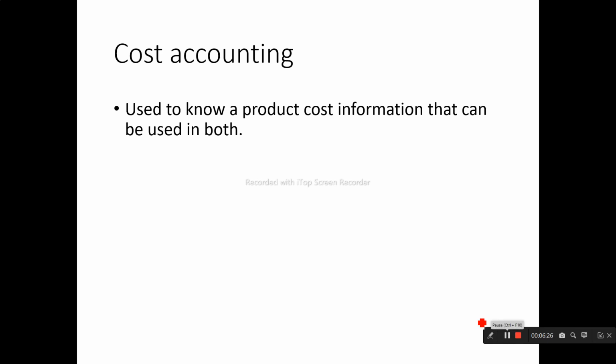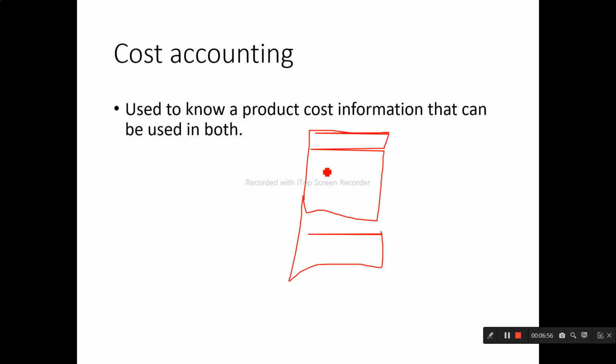For example, in financial accounting, as I have said, you might write any information in a financial form. However, when we present a report made using financial accounting for external purposes, let's say a balance sheet, there is something called inventory.